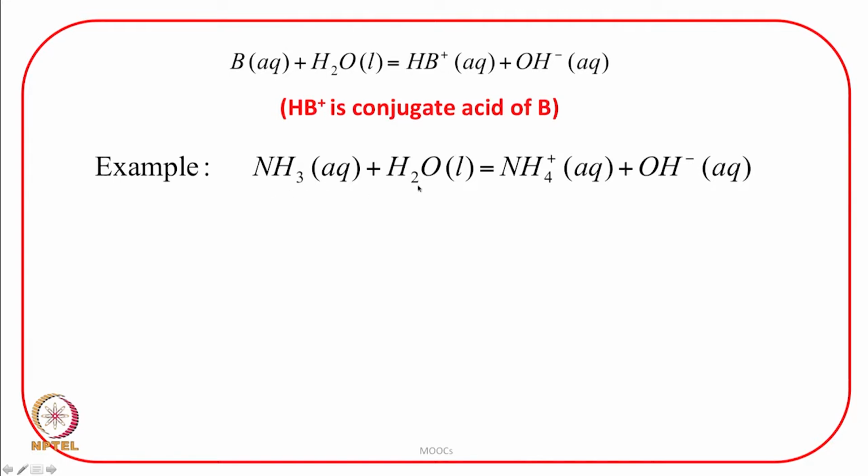Ammonia on dissolution in water will accept a proton from water and form ammonium ion and hydroxide ion. And obviously here, if NH3 is a base, NH4 plus is its conjugate acid. Ammonia acts as a base, ammonium ion acts as an acid, and we will soon discuss whether this acts as a weak acid or a strong acid, that we will discuss a bit later.